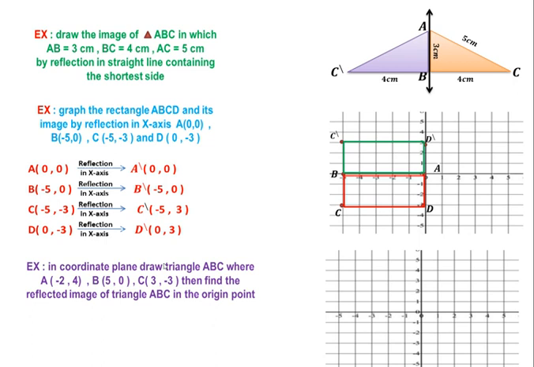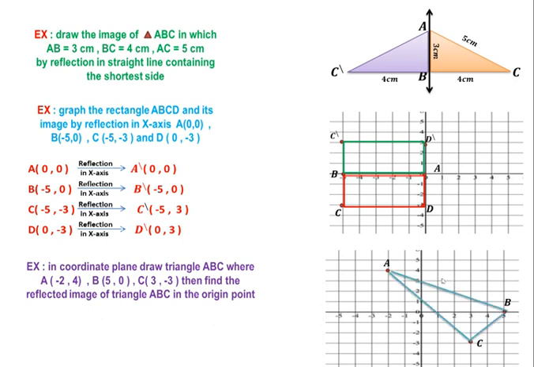At first we locate the points of the triangle. A will be negative 2, 4, B will be 5, 0, and C will be 3, negative 3. Then we join the 3 points and get this triangle.